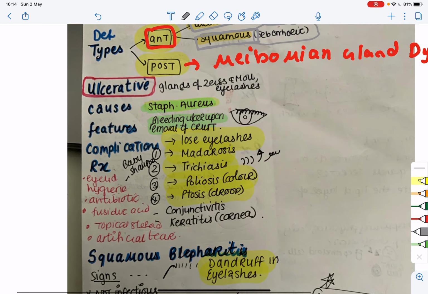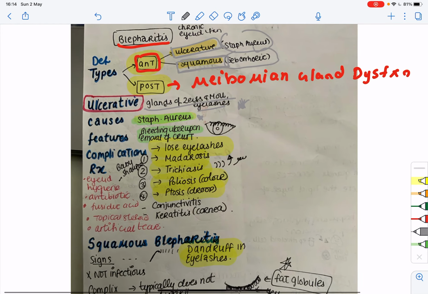Ulcerative is due to glands of Zeiss and Moll affecting the eyelashes, at the base of the follicle of the eyelashes. These are also caused by Staph aureus, but remember, all of this is chronic. Your features, especially for the ulcerative type, are bleeding of the ulcer upon removal of the crust.